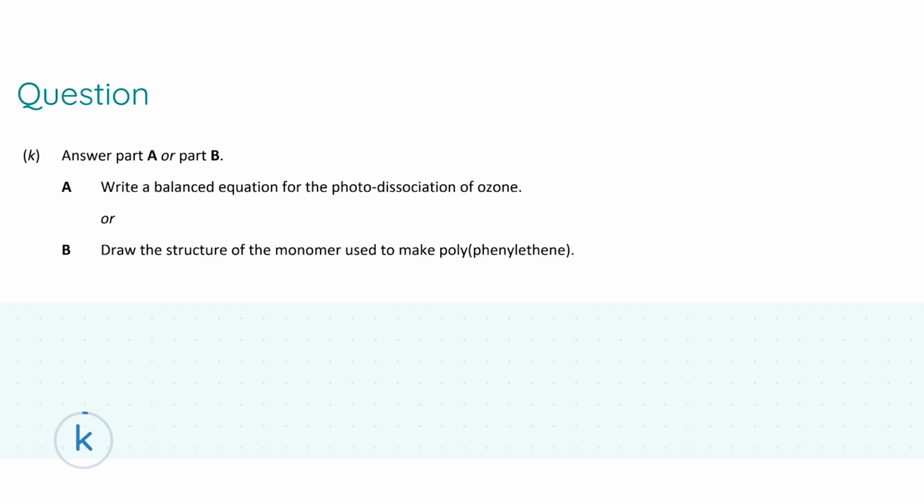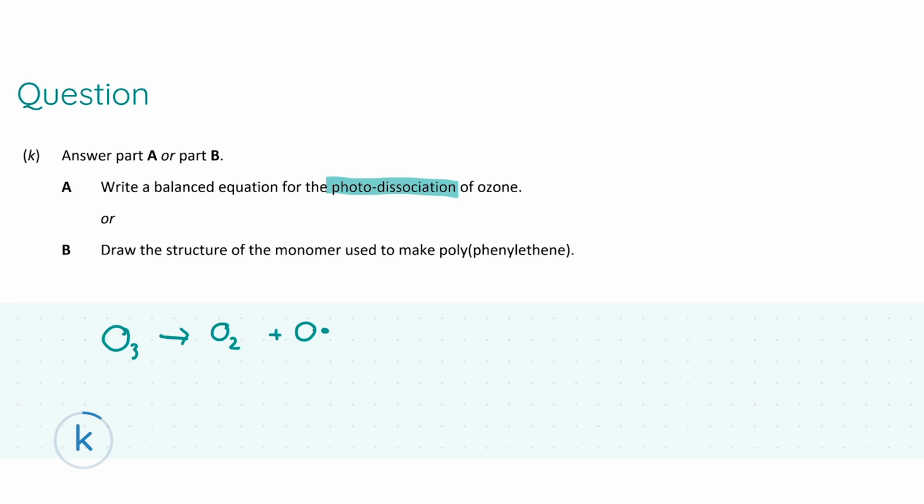So question A asks us to write a balanced equation for the photodissociation of ozone, right? So the balanced equation for this is going to be ozone, which we represent O3, and then it dissociates into an oxygen molecule and a free radical of oxygen. So you must make sure you have the dot afterwards.